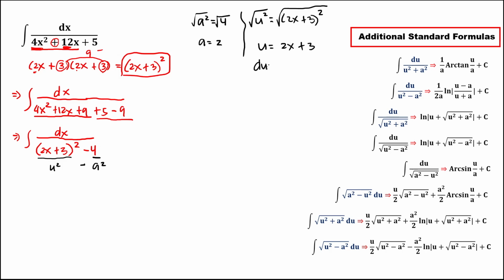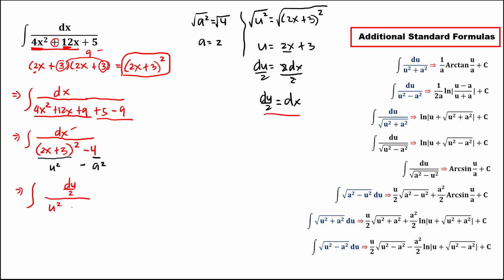Then to find the derivative of u, the derivative of 2x is equal to 2dx. Then divide by 2 to solve for dx. So du over 2 is equal to dx. Then substitute now all the values. So this becomes the integral, dx is du over 2, then over.